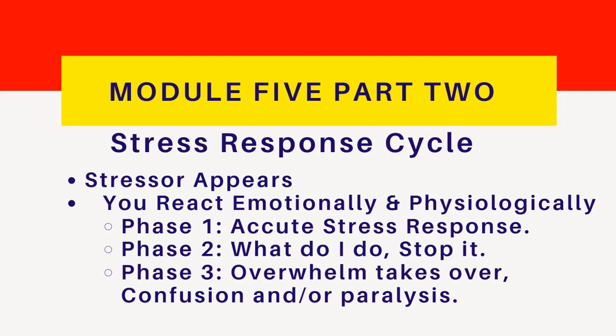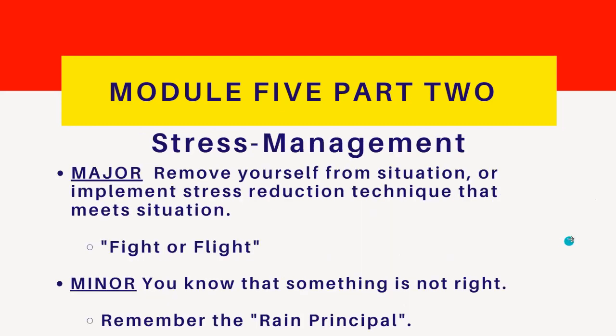Then we go into phase 2. Now, what do I do? How do I stop the stress from taking over and overwhelming me and causing confusion or paralysis, which is your third phase? That's when our whole life pretty much gets shut down temporarily till we find a way to manage all this stress. There's a couple ways we do this.